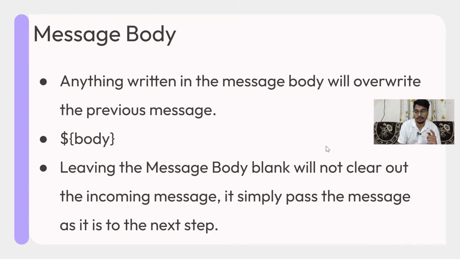This is one important thing to remember. If you place a content modifier, leave the message body null, and think it will remove all the incoming message or null out the body, no, it won't. It will simply pass the previous message as it is to the next step, right? So that's it about content modifier. See you in the next video.